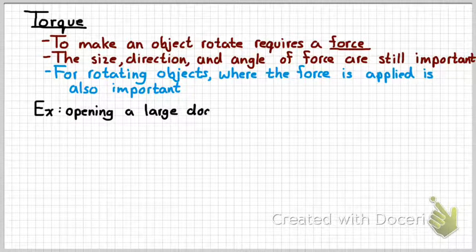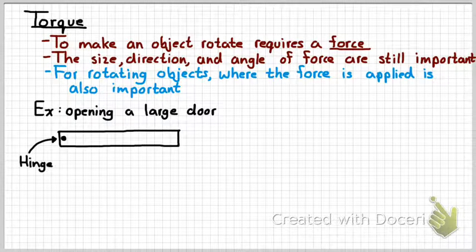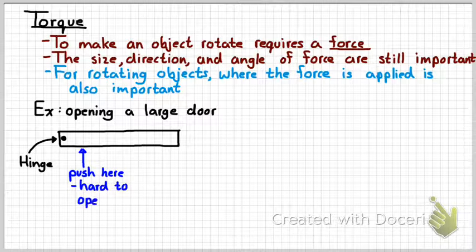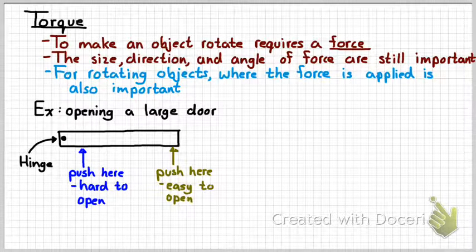So for example, suppose you were opening a large door. It has a hinge on the left. It's real big and thick. It could be like a vault door or something like that. If you push it close to the hinge, the door is going to be hard to open. If you push it further out, the door will be easier to open.